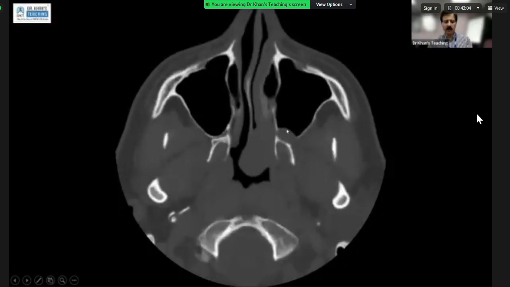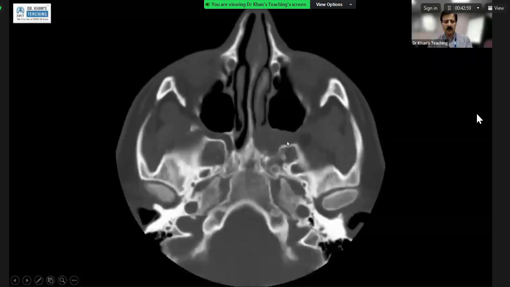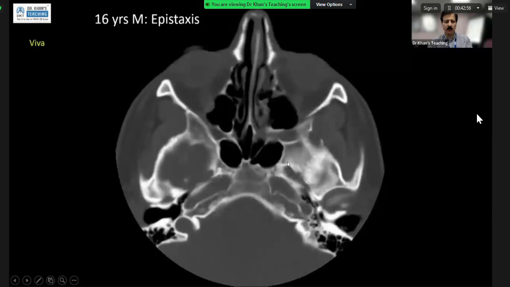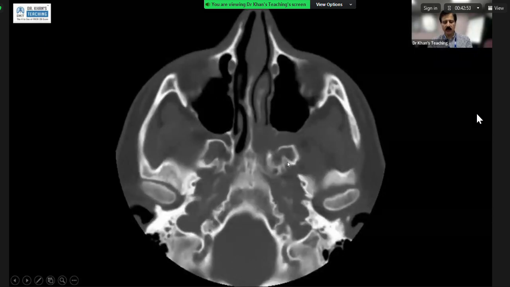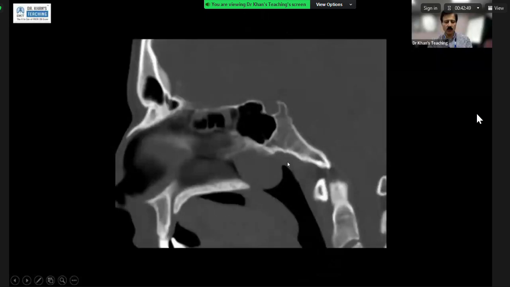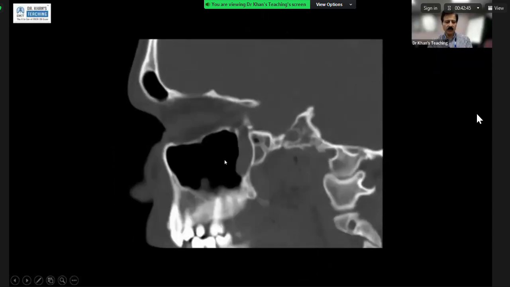On the other hand, I come back, and now we will see what is happening to the Vidian canal and the foramen rotundum. So for that, we will see the coronal. Now on a sagittal, if you see here, this is the maxillary, and this is the tumor sitting here.